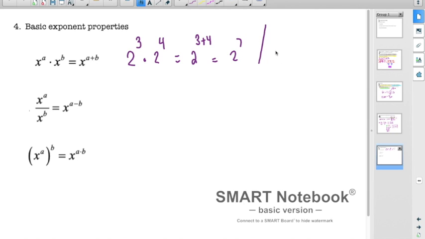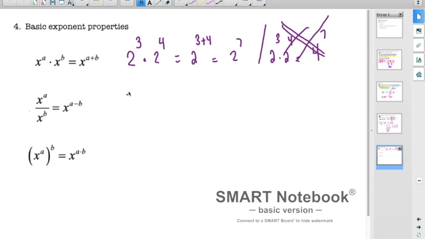This doesn't mean 4 to the seventh, right? I'm not multiplying my numbers. They have to be the same numbers. This does not work. You've got to keep the same base.